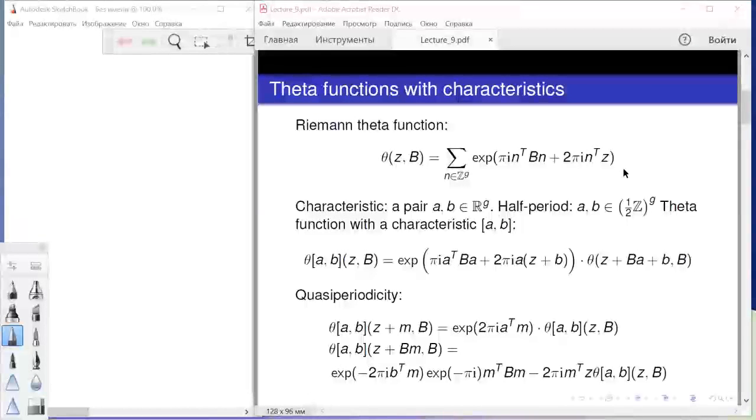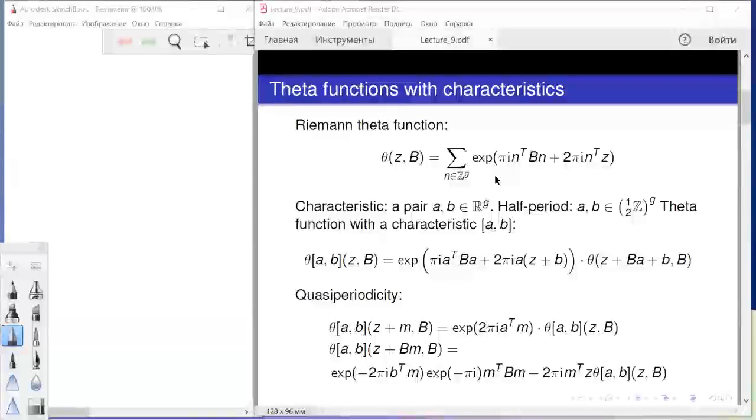I will better comment on theta functions with characteristics. A characteristic is a pair consisting of two vectors A, B from G-dimensional real space, where G is the genus of our Riemann surface.